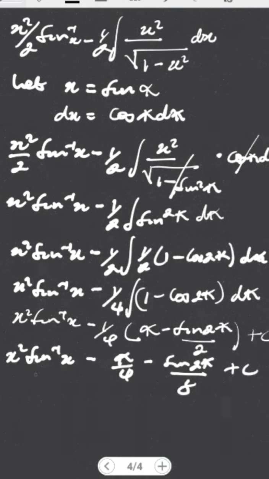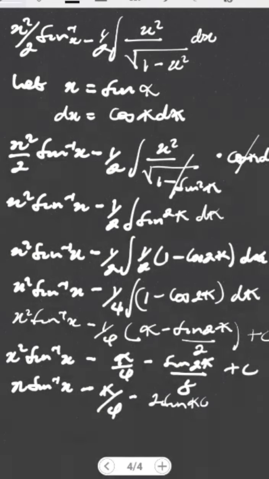So I'm going to say that this is going to be x sine inverse of x minus k out of 4 minus 2 sine of k cos of k all over 8 plus c, of which on the other side, let's try to work it out.